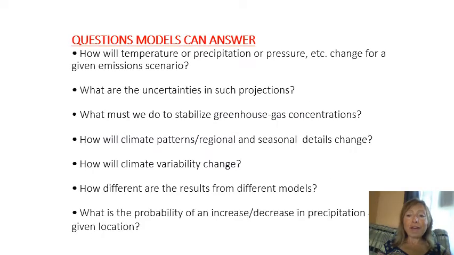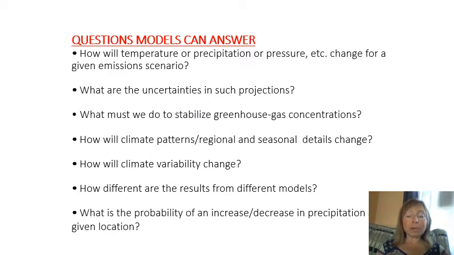Climate models are very complex computer simulation models that help scientists to ask questions and understand what would be climatic conditions and what would be the weather patterns under those conditions in different parts of the world.